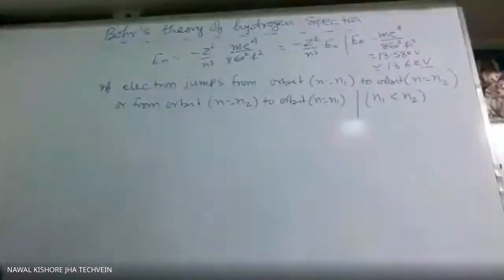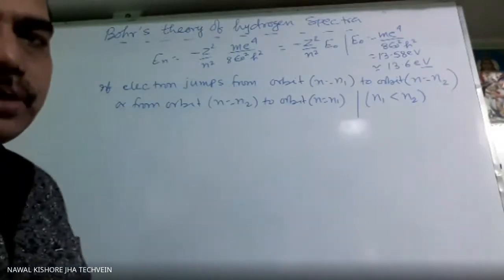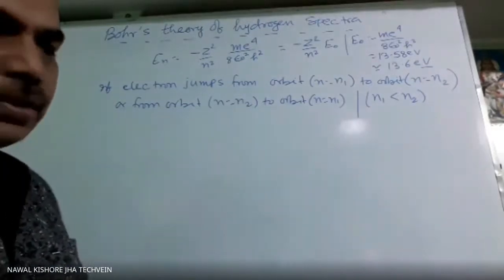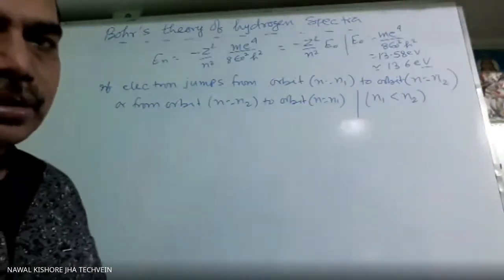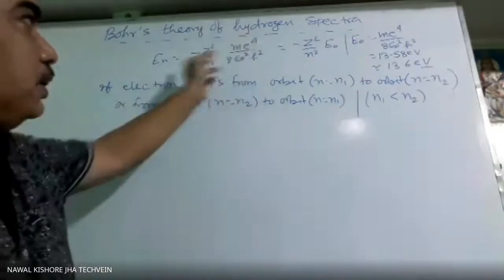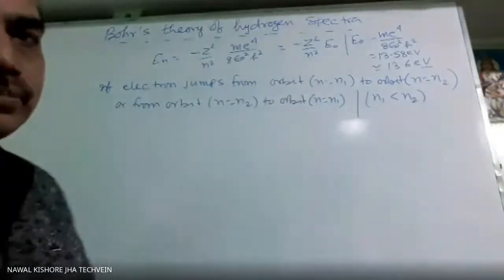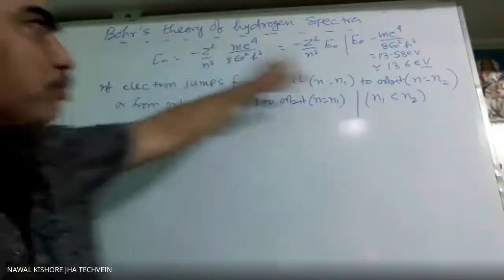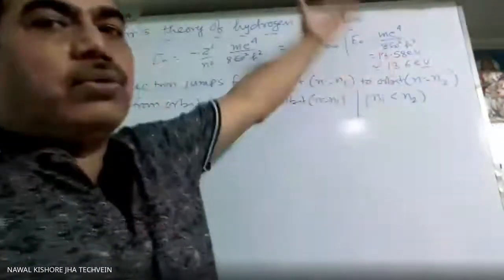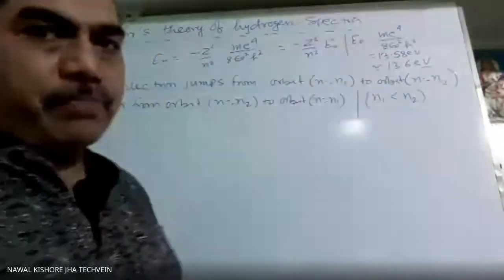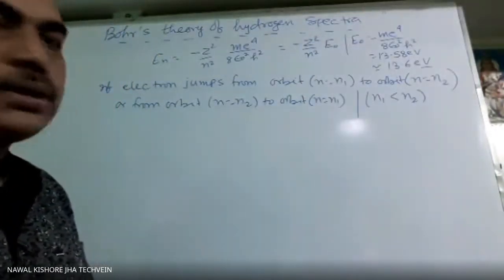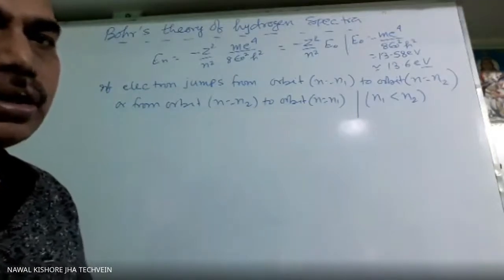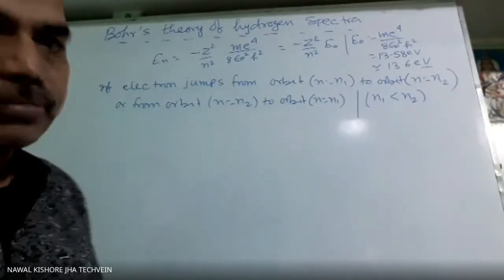When it is jumping from higher to lower, energy will be emitted. When it jumps from lower to higher, energy will be absorbed. Whatever the difference in energy is, suppose when it is revolving in the first orbit it has this much energy, once it goes to the second orbit, 1/4 of this will come. So that difference in energy is the energy either absorbed or emitted.